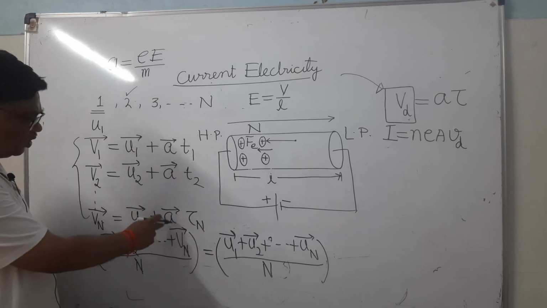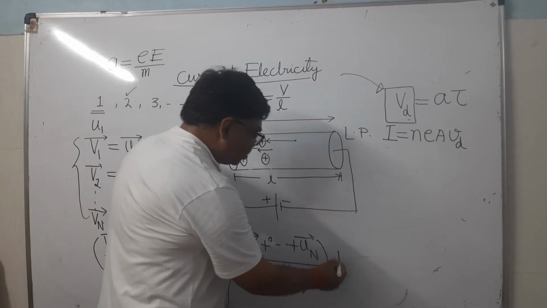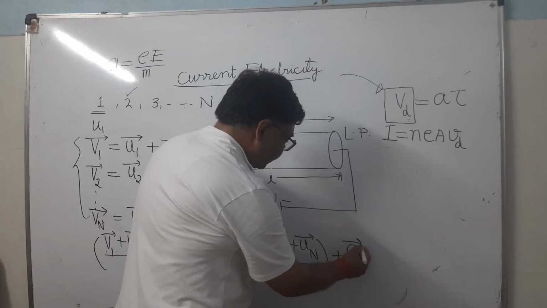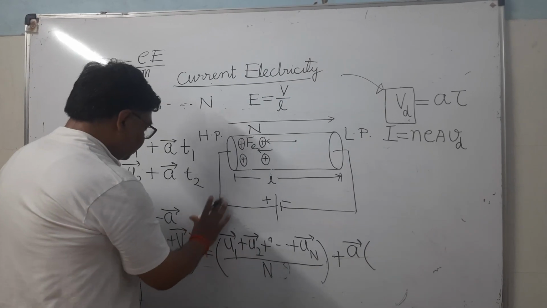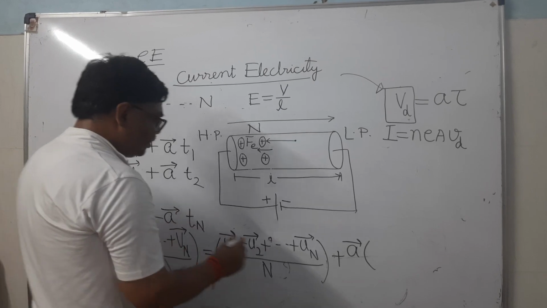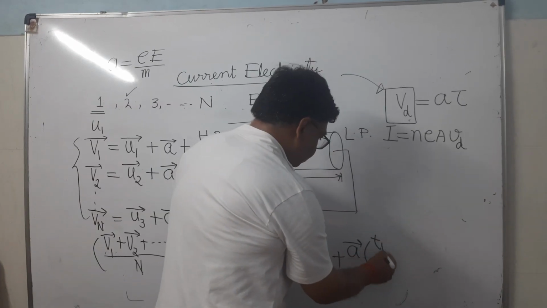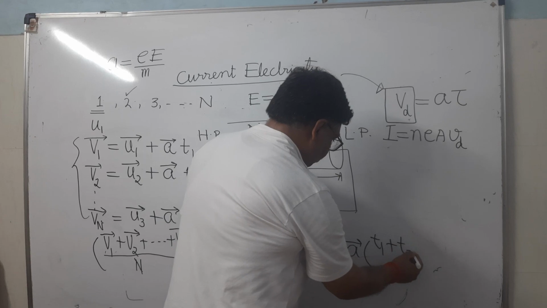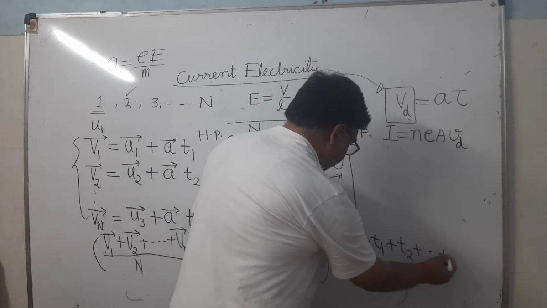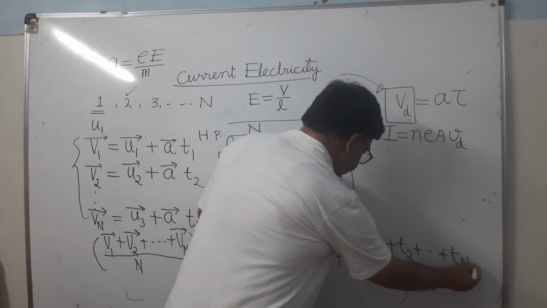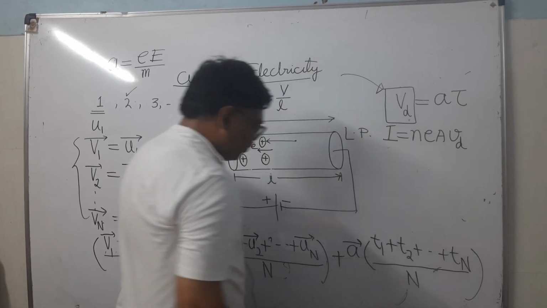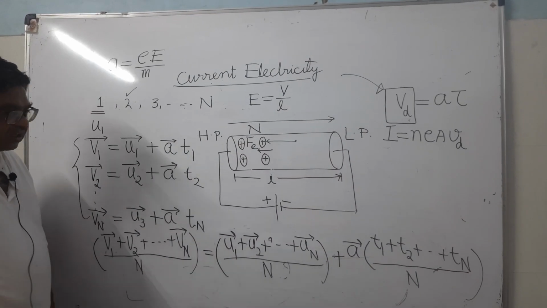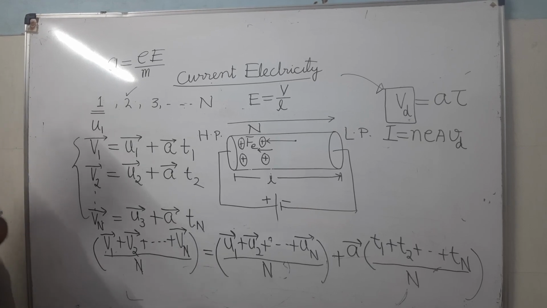Now here a you can take out common, so vector a times (t1 plus t2 plus and so on plus tn) divided by n. This is the average velocity of free electrons under the influence of potential difference.